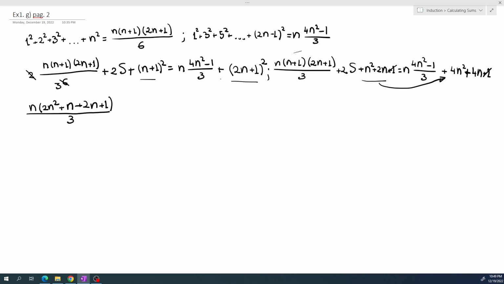over 3 plus 2s, and this is equal to n times 4n squared minus 1 over 3 plus 4n squared minus n squared is 3n squared plus 4n minus 2n is 2n, and I will multiply by 3 and move this term to the right.